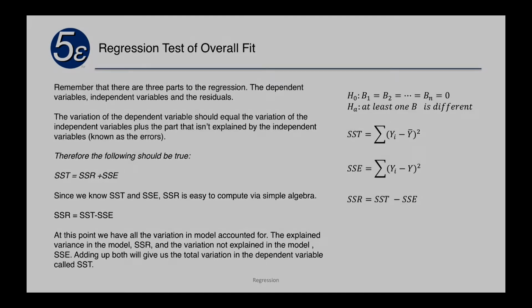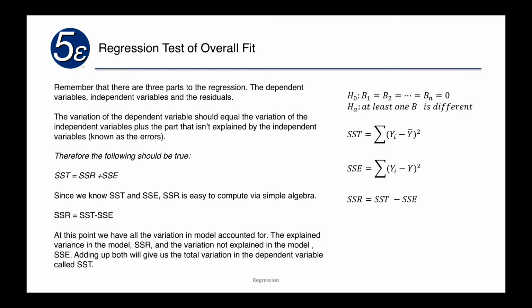Now, remember that we have three parts to a regression: our independent variables, our dependent variable, and the residuals. The variation in the dependent variable should equal the variation explained by the independent variables plus the part that isn't explained by the independent variables, known as the errors.